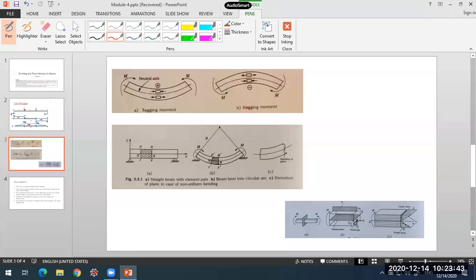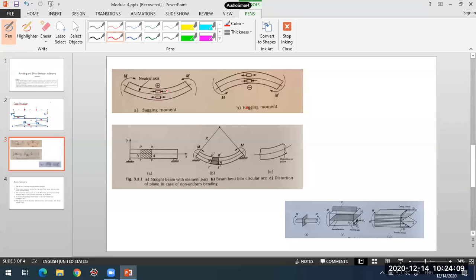So here compressive stresses are set up, whereas in the bottom portion tensile stresses are set up. Where there is an elongation, the beam is experiencing tensile stresses, whereas in the top portion where the beam is being compressed, it is experiencing compressive stresses.